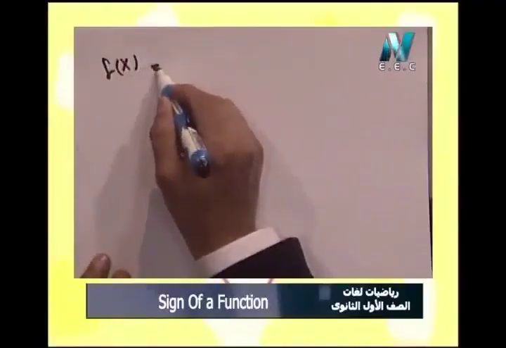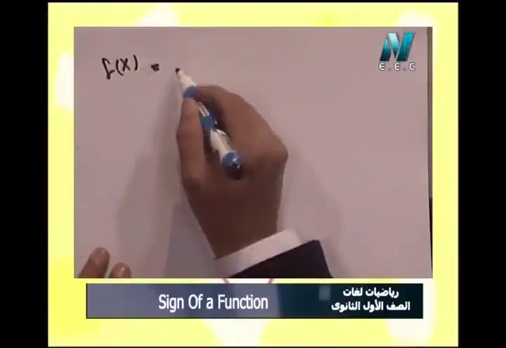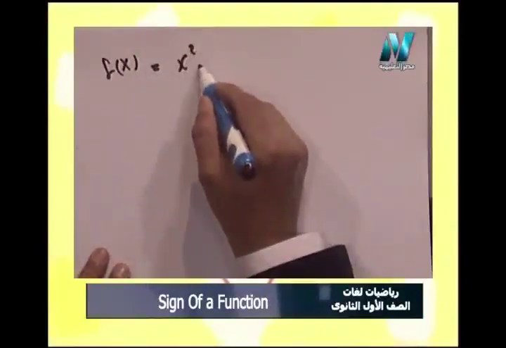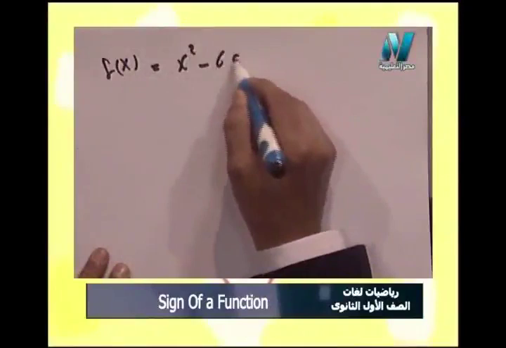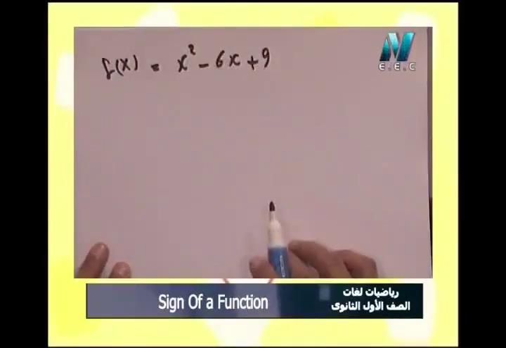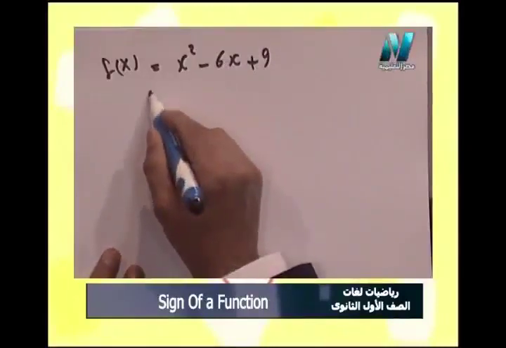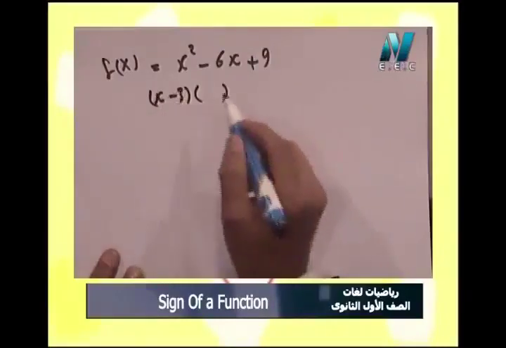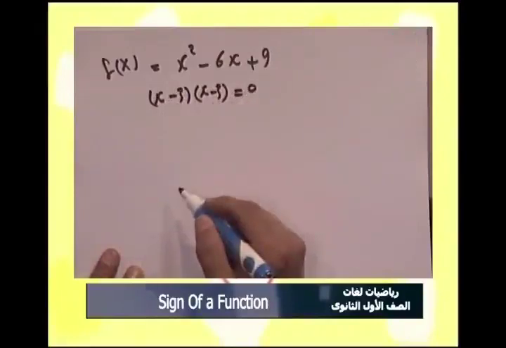If we have f(x) equals x power 2 minus 6x plus 9 and we would like to factorize it, it will be x minus 3 times x minus 3, which equals 0.